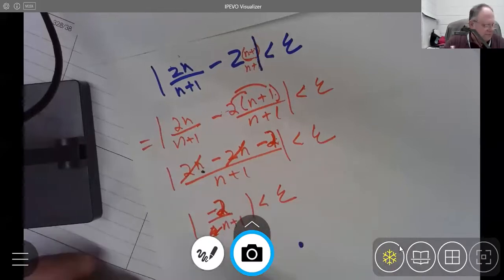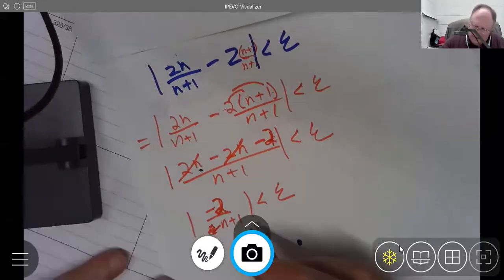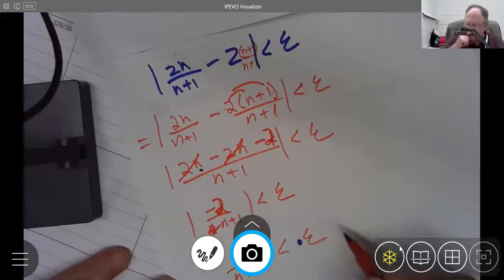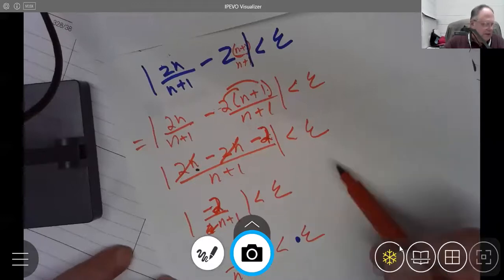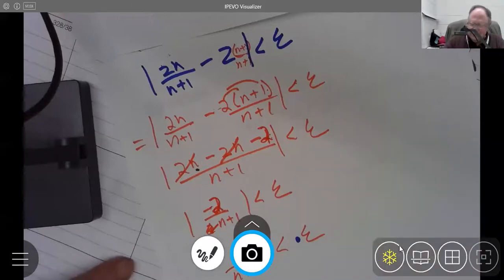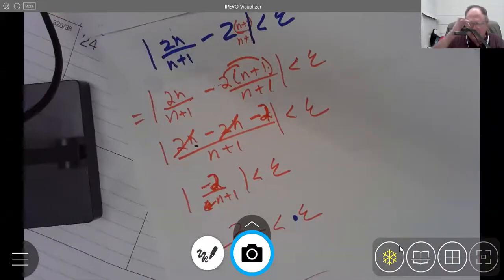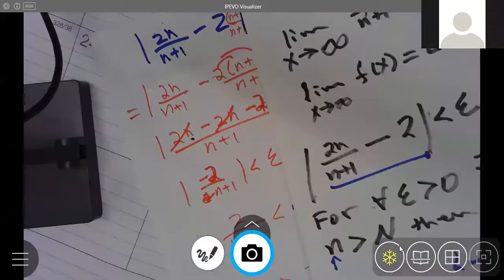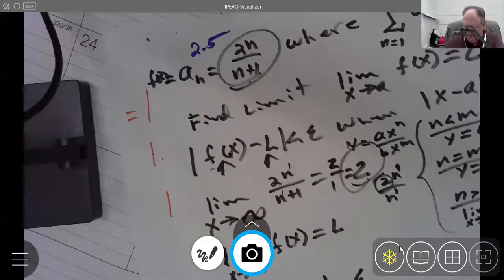So from there, that'll be 2 over n plus 1 is less than epsilon, and then you solve for n. You get n is greater than whatever you're going to get, and then you can go back and rewrite your proof. So take a look at the video on lesson 2.5. And then I'll explain. All right? So any other questions?